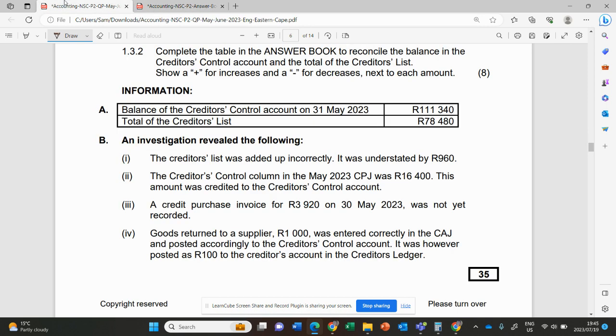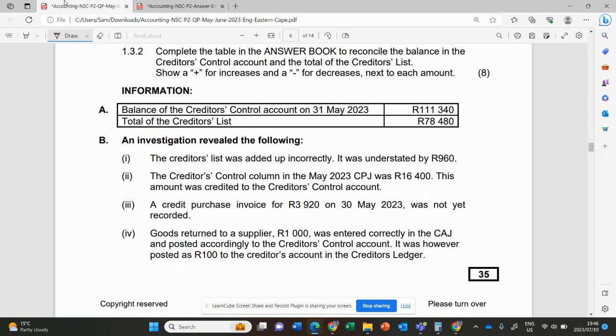Now, the Roman figure for the last transaction says goods returned to the supplier, 1,000, was entered correctly in the CAJ and posted accordingly to the creditors control account.